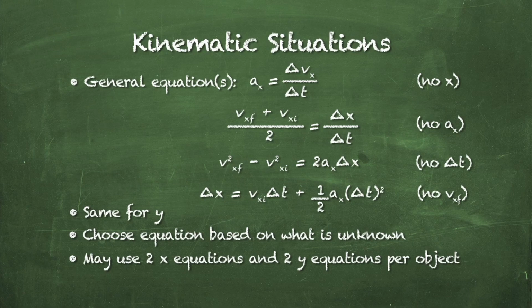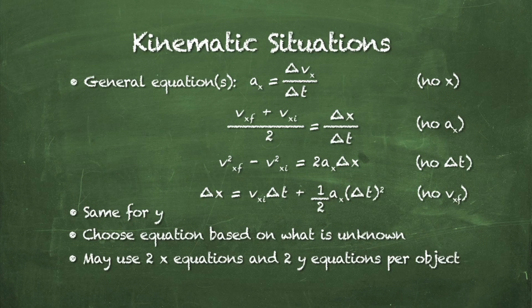They would be that Ax is equal to the change in Vx divided by the change in time, or the average velocity, Vx final plus Vx initial divided by 2 equals the change in x over the change in time, or Vx final squared minus Vx initial squared equals 2Ax times the change in x, or the change in x is equal to Vx initial times the change in time plus 1/2 Ax times the change in time squared.